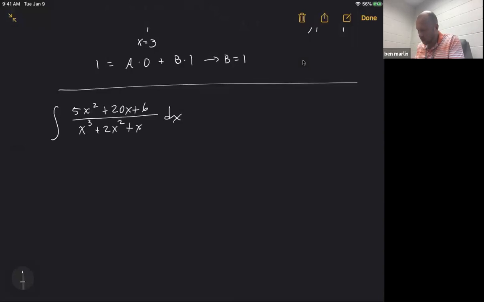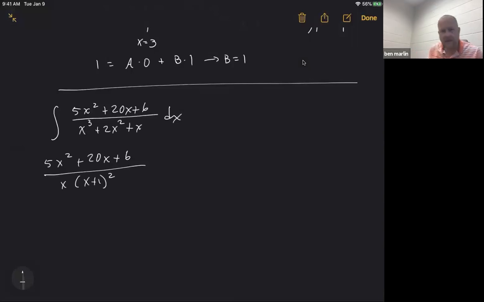And so when we do that, we know that what we're really dealing with is the algebra, and we have to factor that bottom, and so it'll have an x and an x plus 1 squared, right? So for the distinct factor of just x, we'll put an a over x.